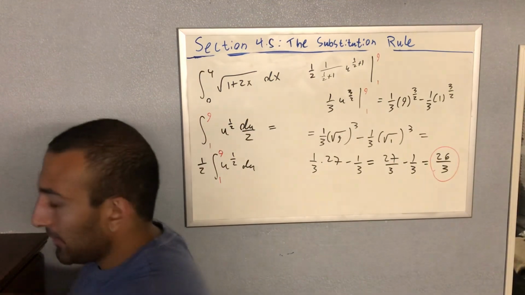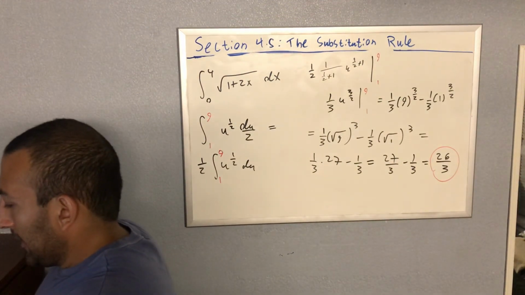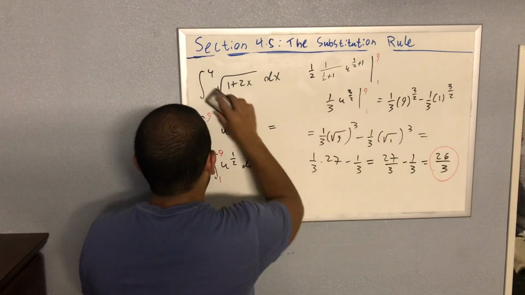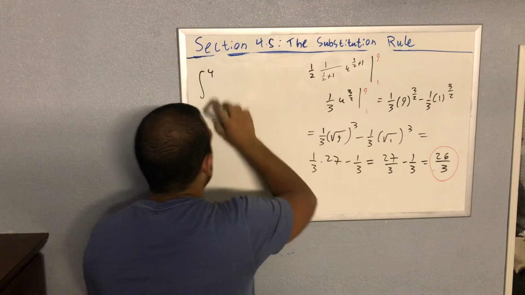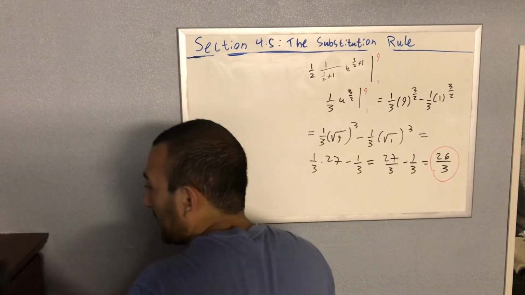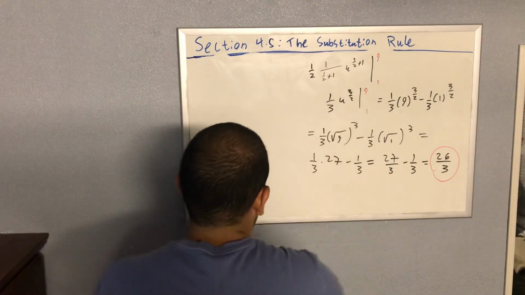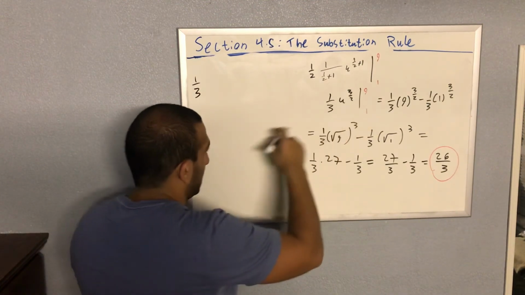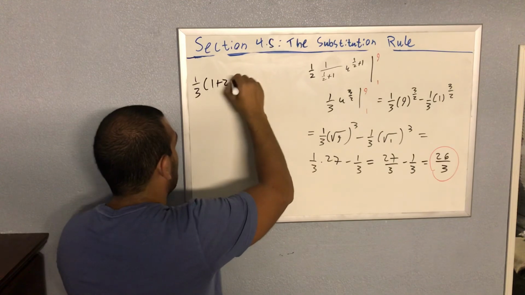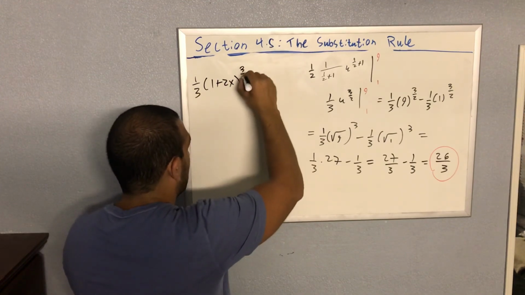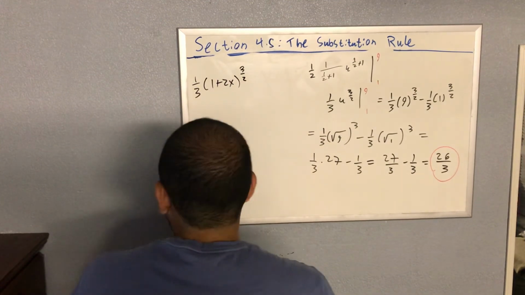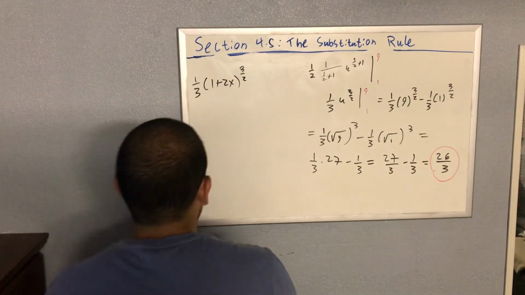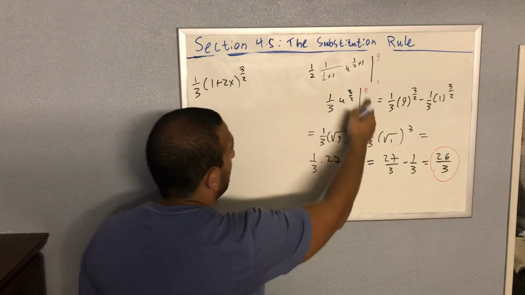Now, one last thing to mention is, if you back substitute at this stage, so there's two ways to do this essentially, if you substitute back at this stage and make this 1/3 times 1 plus 2x to the 3/2 instead of u to the 3/2, then your limits of integration should not be 1 to 9.